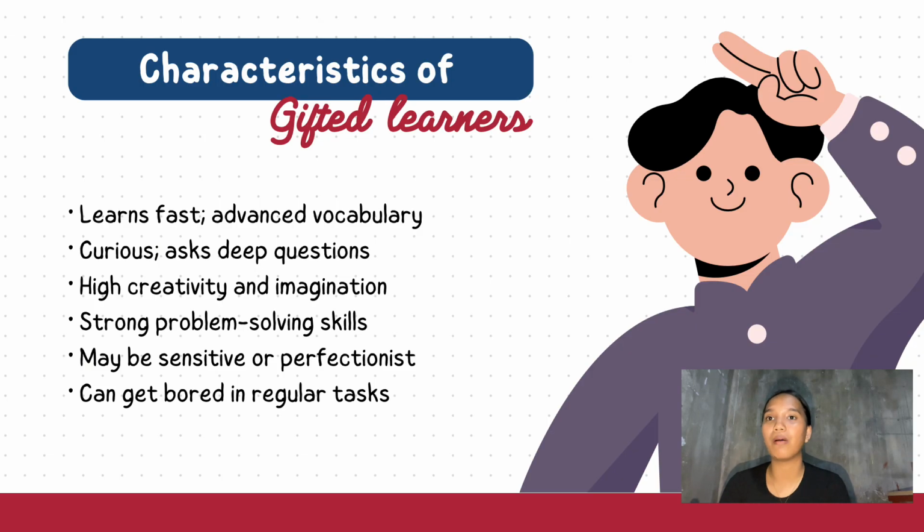So, they may also have a high imagination, creative ideas, and superior problem-solving skills. However, some gifted kids can be sensitive or perfectionist, which can affect their emotional well-being. So, for example, dito, a gifted grade 3 student answers all math problems quickly.